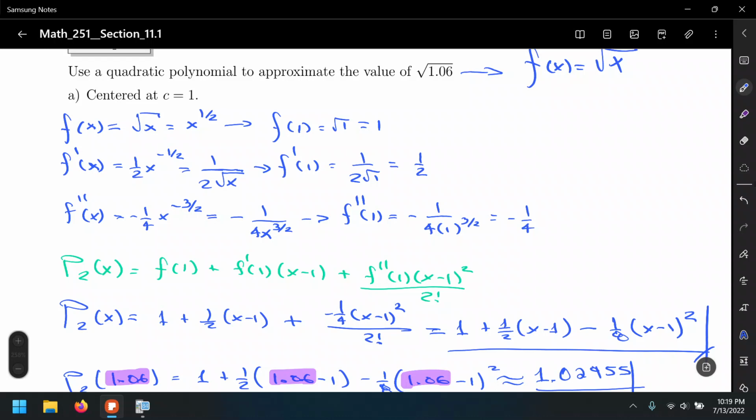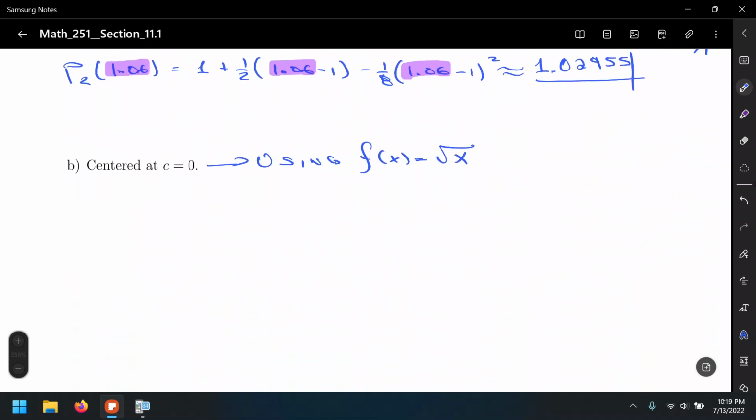Unfortunately, check the first derivative and the second derivative. Do you see how these two derivatives are not defined for x equals 0? Then we have a problem. We need to come up with a different function instead. So what are we going to do?